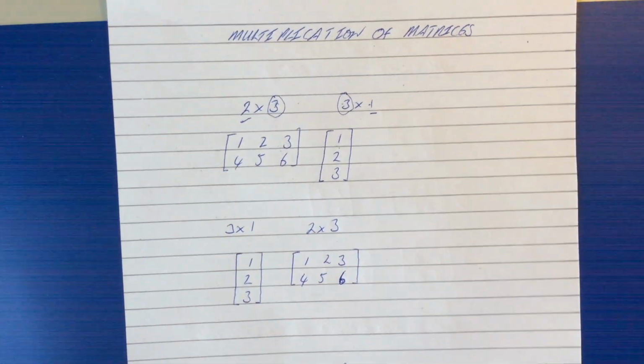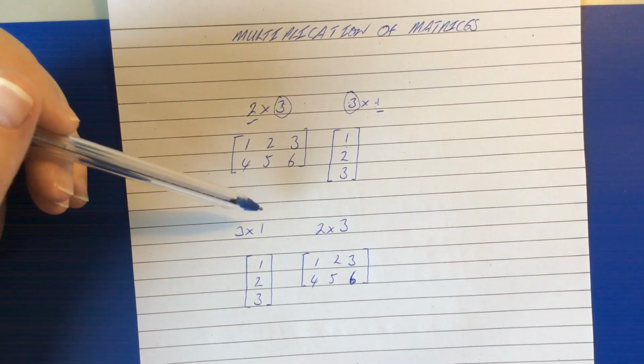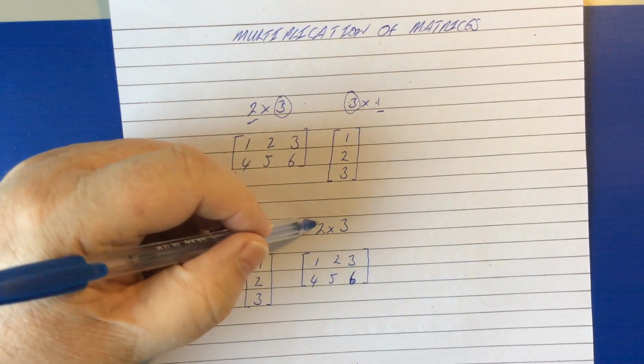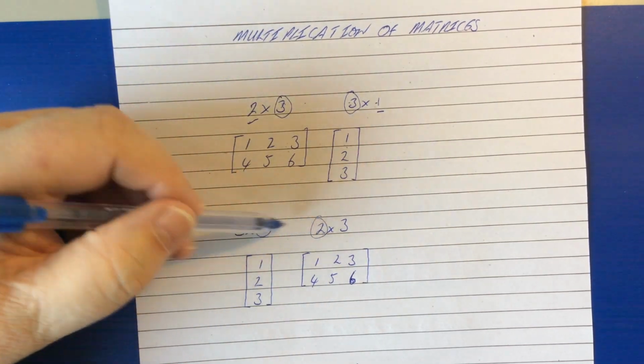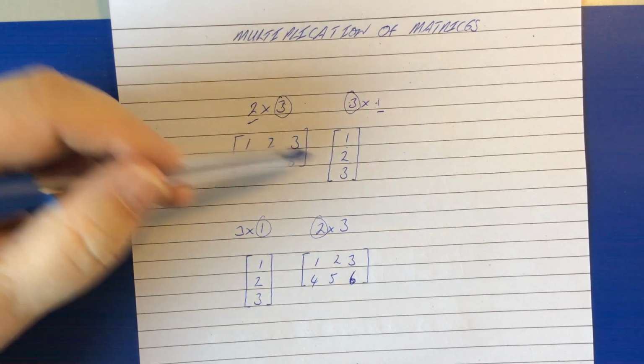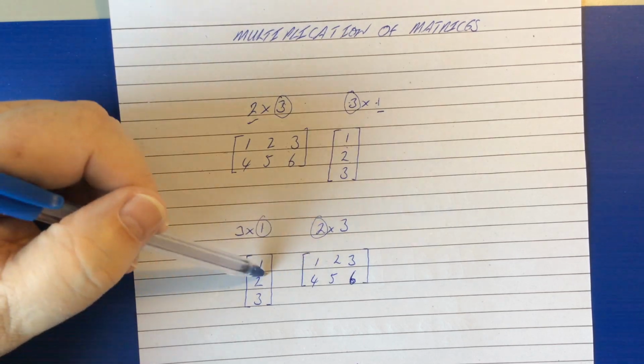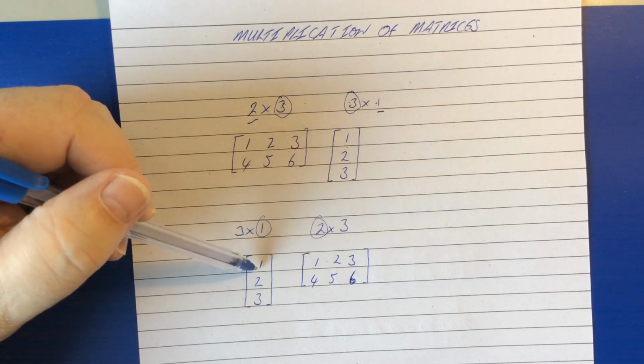Now, let's look at another pair of matrices and see if we can do the same here. You will notice that this number and this number are not the same. Basically, what I have done is I've swapped these around, and that means that you can't multiply these two matrices.